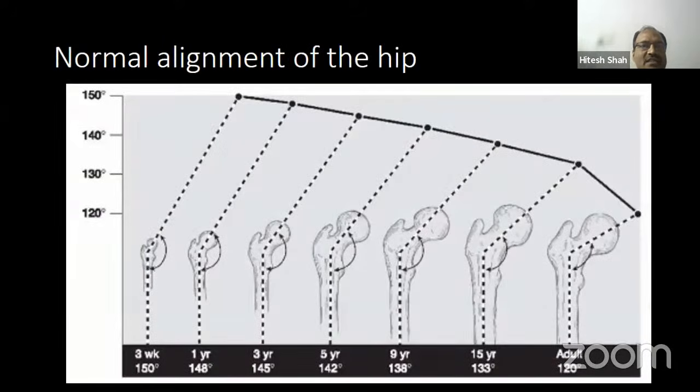So for understanding the Coxa Vara, we need to understand the normal alignment of the child hip. The development of the proximal femur geometry varies from the infancy to the adult. If we see the child at the first year of life, the neck shaft angle would be 150, and at the maturity or near maturity, it will reach 125.